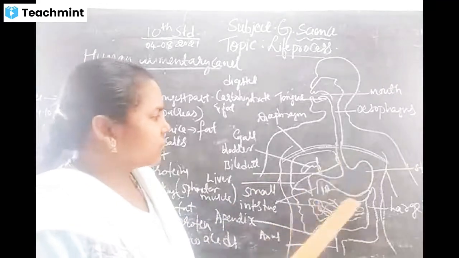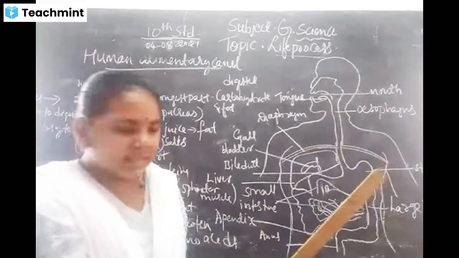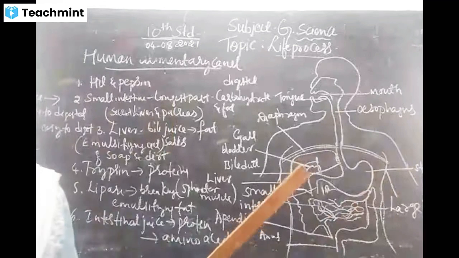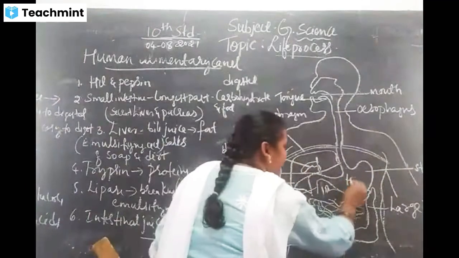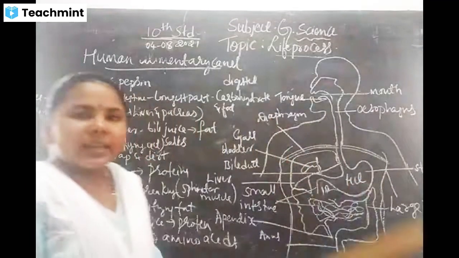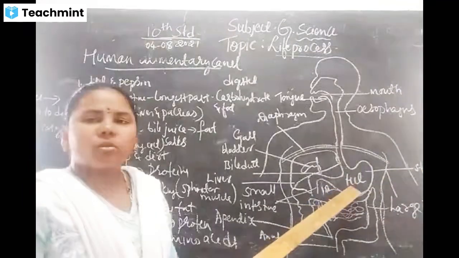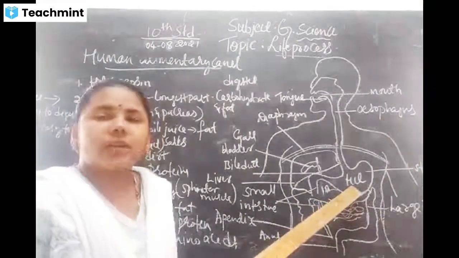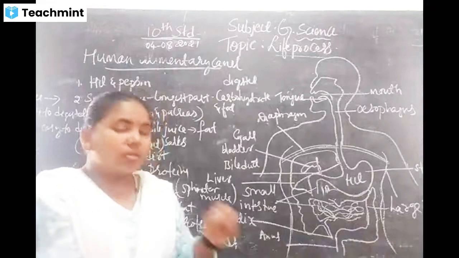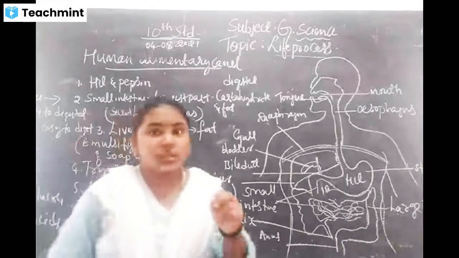So what happens in the stomach? I have told you that in the stomach there is an enzyme present called HCl. This HCl is nothing but hydrochloric acid. What is the function of hydrochloric acid? It is a strong acid.